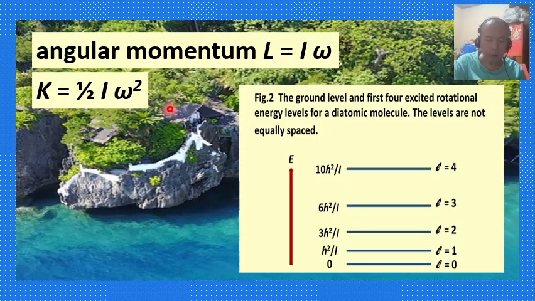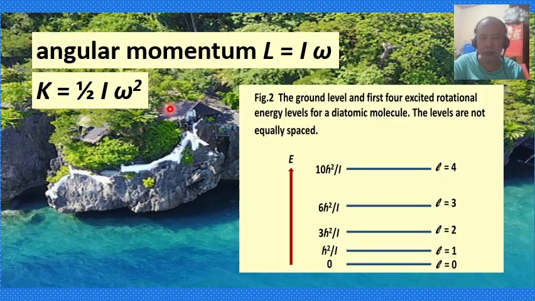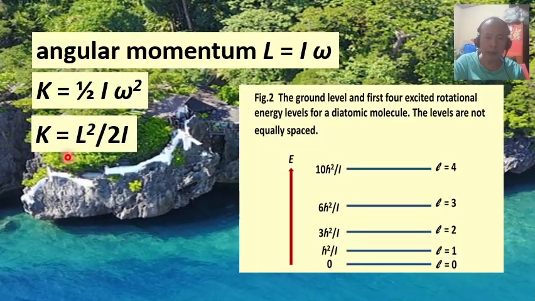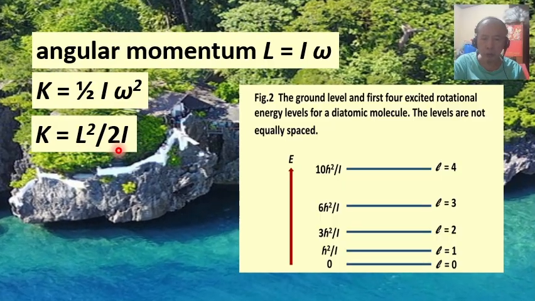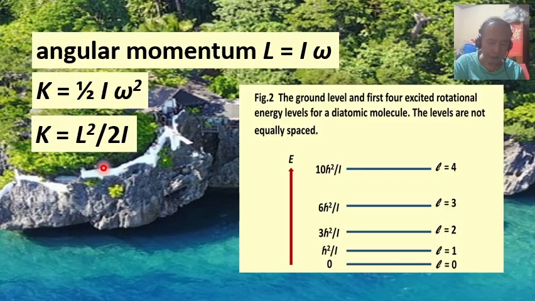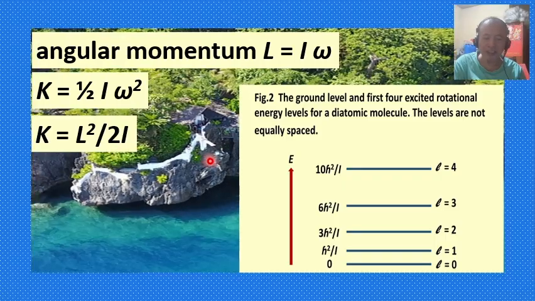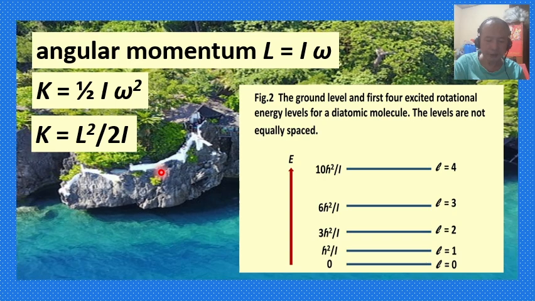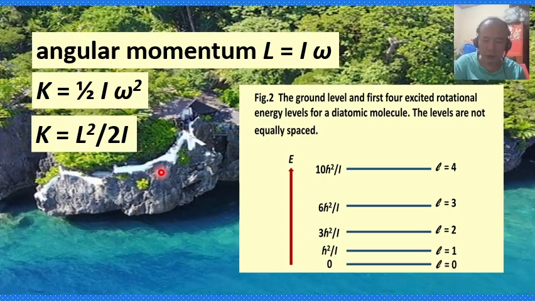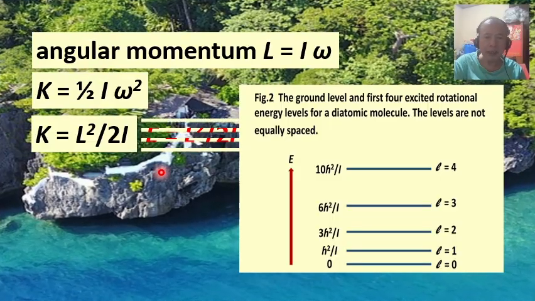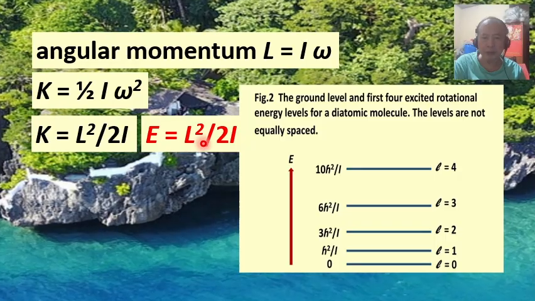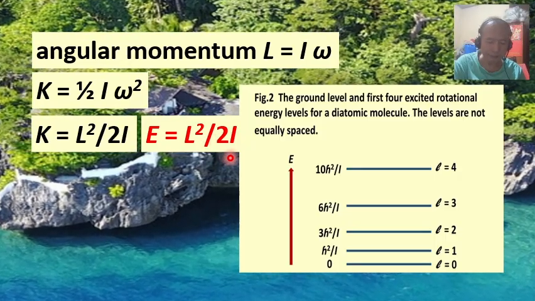When we combine these two equations, we get the kinetic energy being equal to L squared divided by 2I. And since there is no potential energy, the kinetic energy K is equal to the mechanical energy E, being equal to L squared divided by 2I.